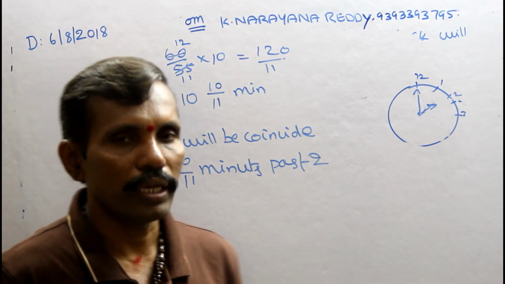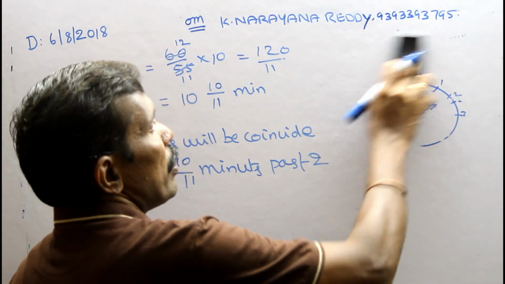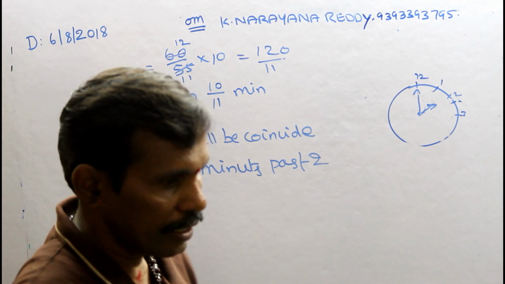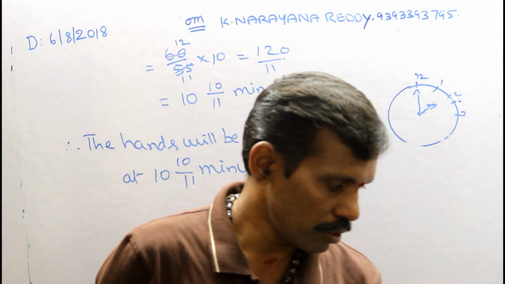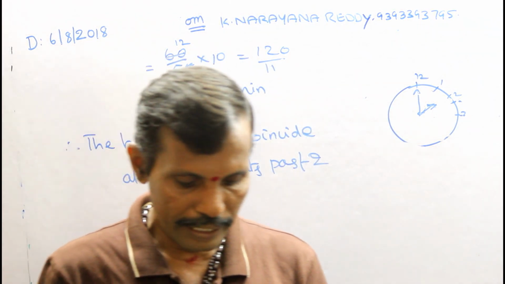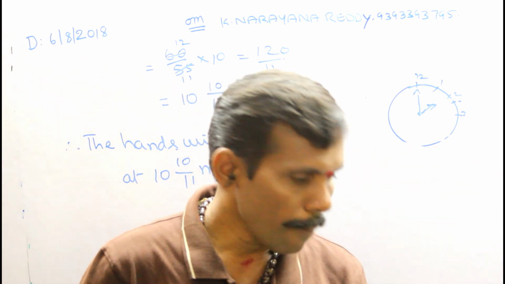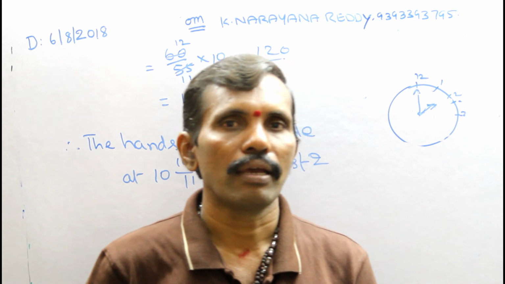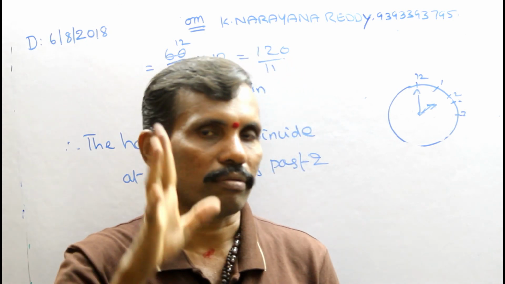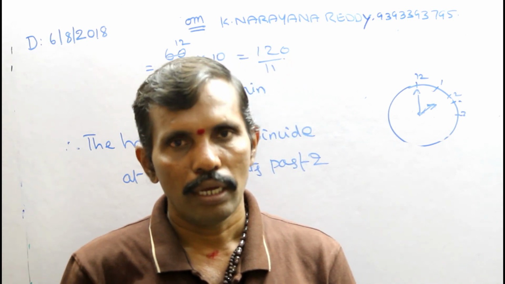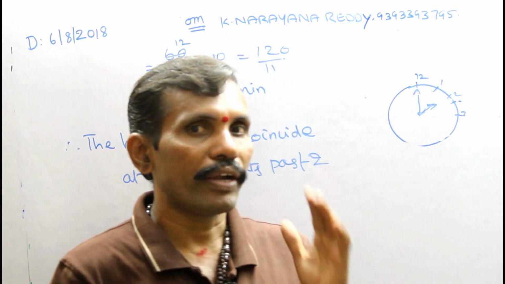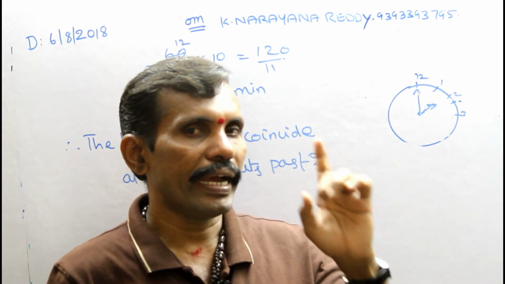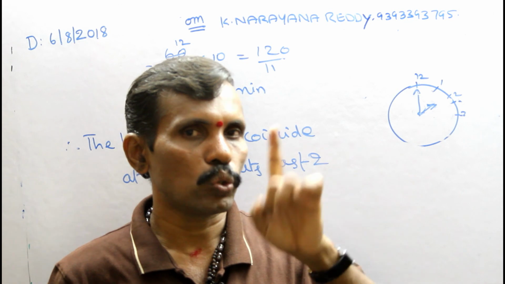So in this way you can do the problem. Here we used one important point: 55 minutes are gained by the minute hand in 1 hour. Another is that at 2 o'clock, the minute hand is at 12 and the hour hand is at 2.